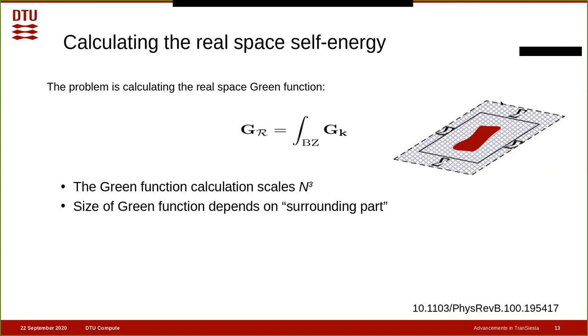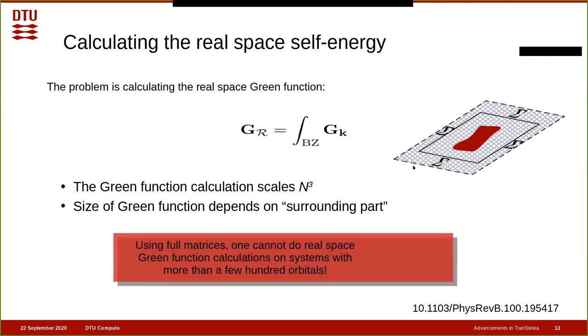So in this case, you would actually want to calculate the full Green's function for a system that really has this size, because you really need the proper couplings between the Green's function elements. And in particular, this is actually the problem of this method, because you really need to do big matrix inversions, and you need a very fine integral in the Brillouin zone to get a good real space Green's function, and thus a good real space self-energy.